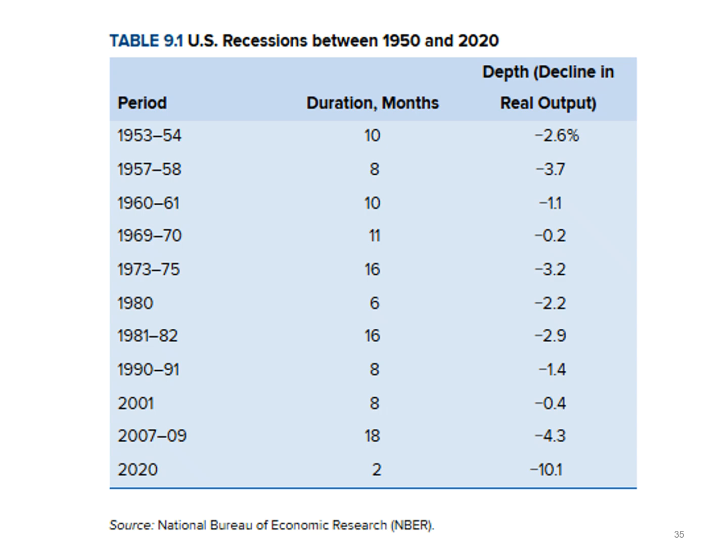First, a downturn lasting 6 months, then a recession lasting 16 months with a 2.2 and then 2.9% decline in aggregate output, respectively.